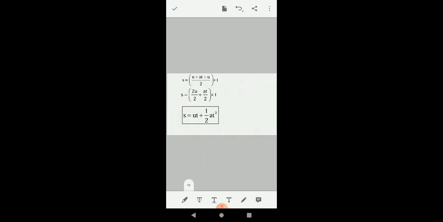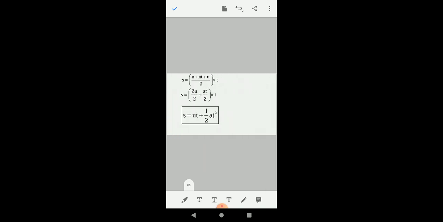Now from the first equation we know that v is what? v is u plus at. So technically we can say that s is equal to u plus at plus u by 2 into t. So here what will you get? u plus u will become what? 2u. We will see in the next slide, don't worry.